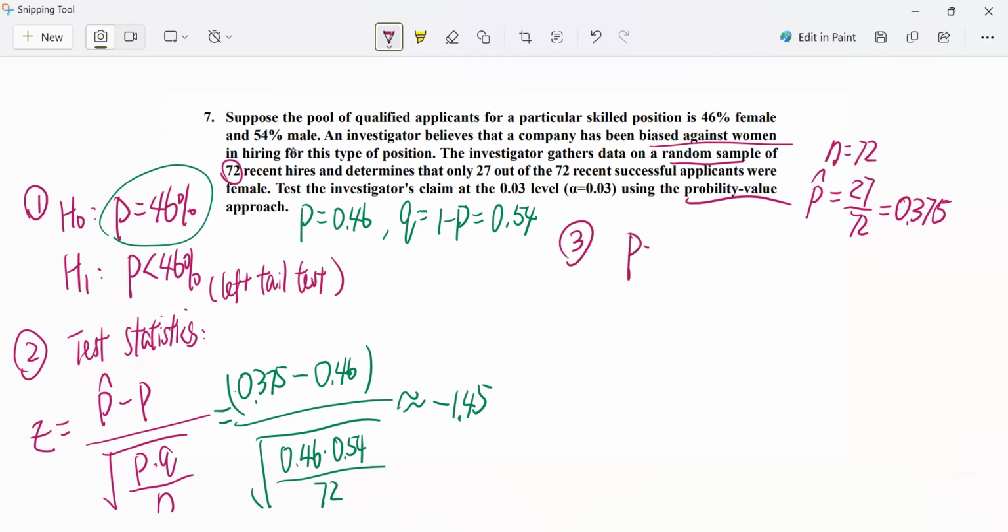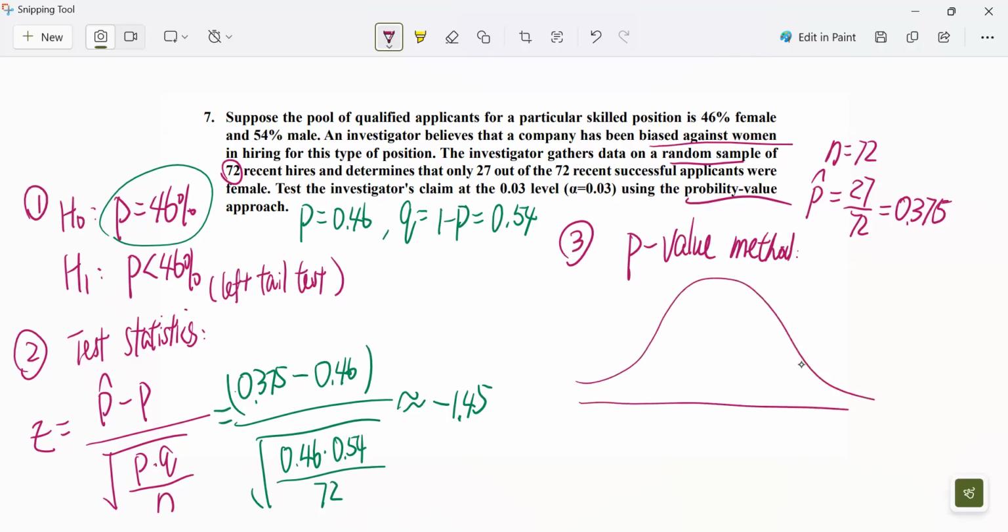So using the p-value method, we draw a bell curve. Now the z-score here is -1.45, and you want to figure out the area on the left tail, which is here.